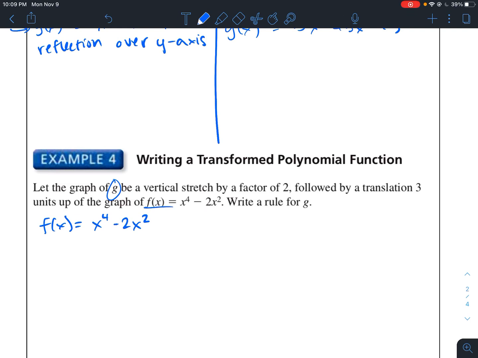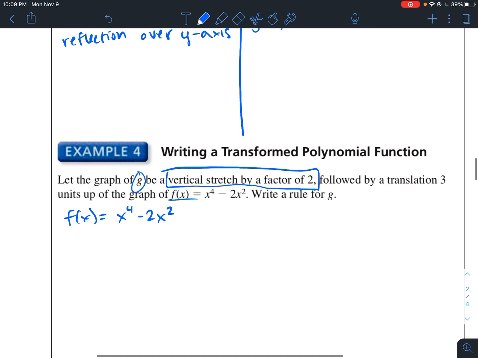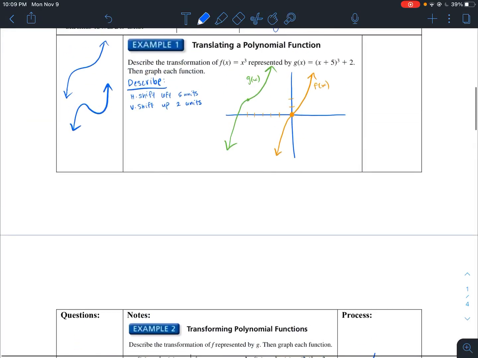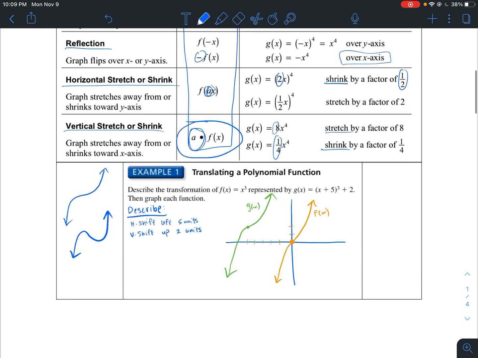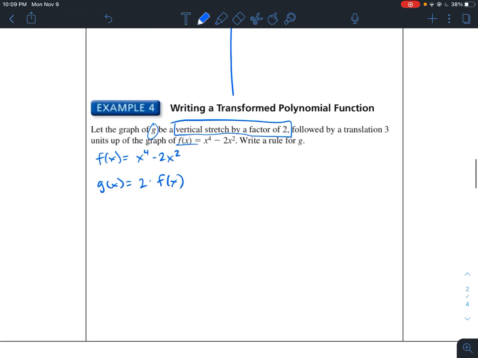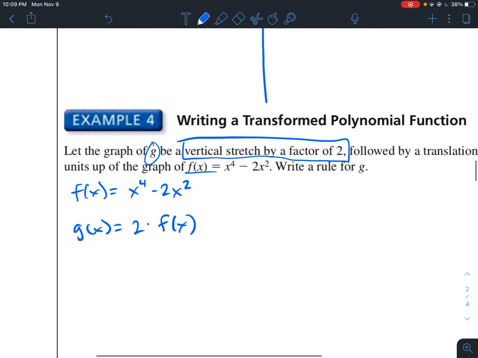Okay, so the first one says vertical stretch by a factor of 2. So how would you write that? So g of x is equal to 2 times f of x, because that is what the vertical stretch is. And if a is equal to 2, like it says here, that's what you're going to do, 2 times f of x.